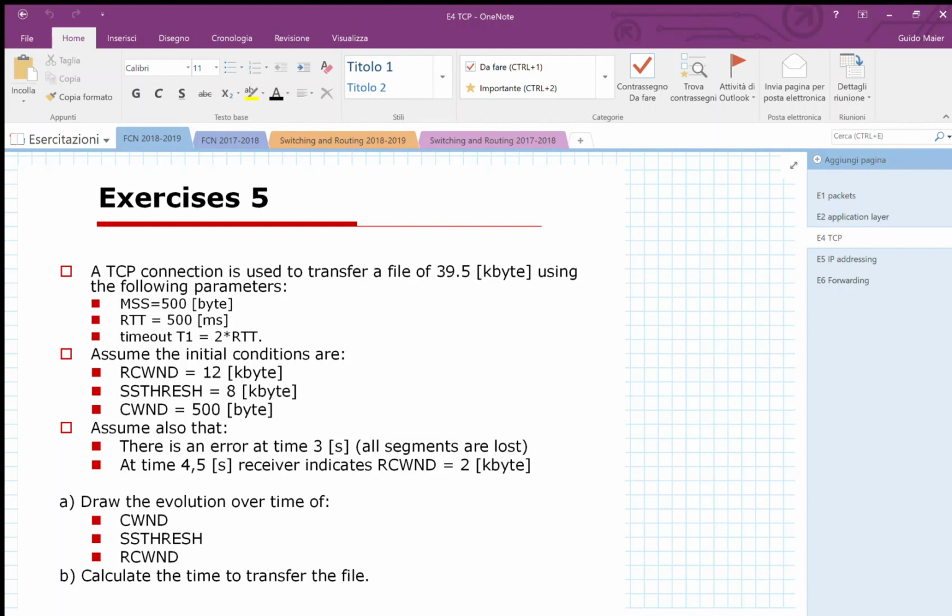So we have to assume a model that is independent of the transmission time, basically.